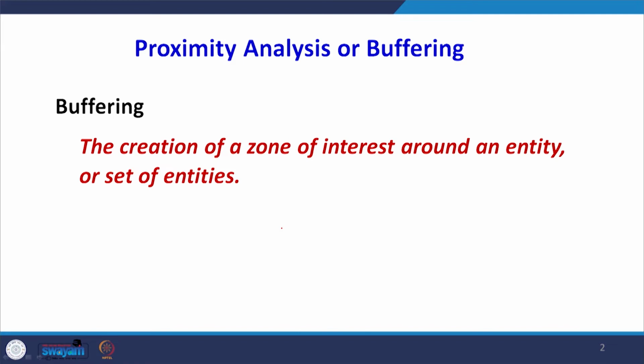Around a particular feature we like to create a buffer and find out the influence zone of a particular point or feature, and then we like to plan in that area in a different way, and outside the buffer the planning is done in a different way. If around a point, line or area feature we are creating a corridor, some kind of a mask around that region, that is called buffering.